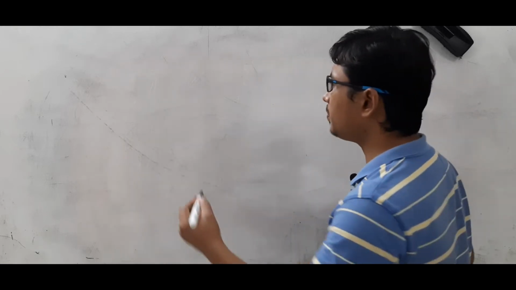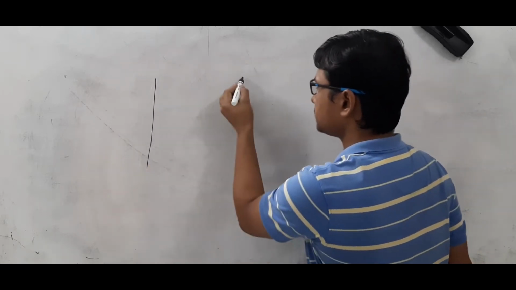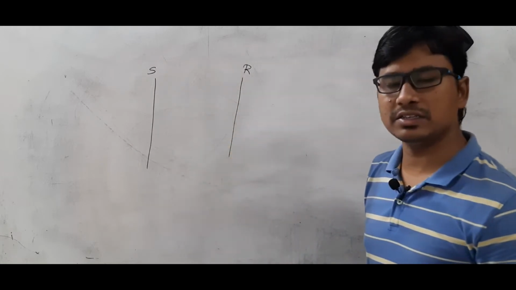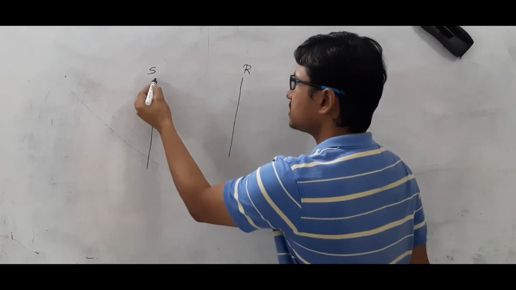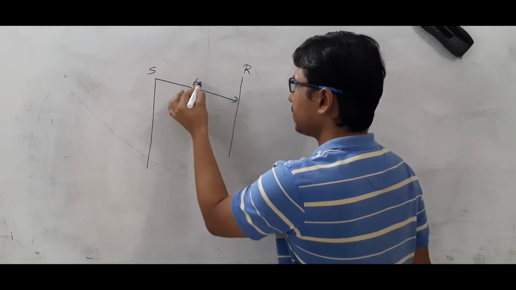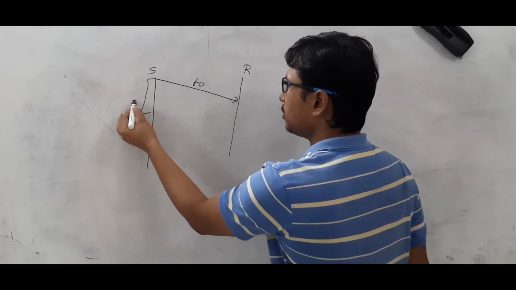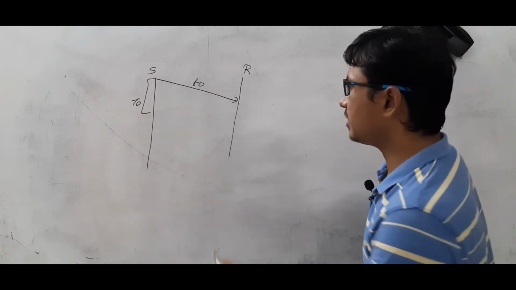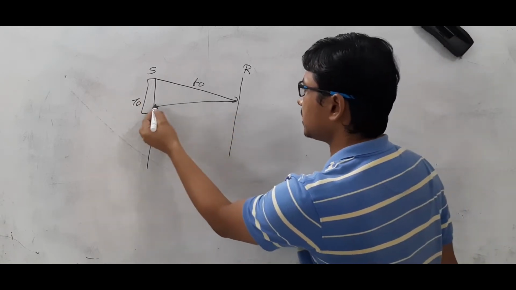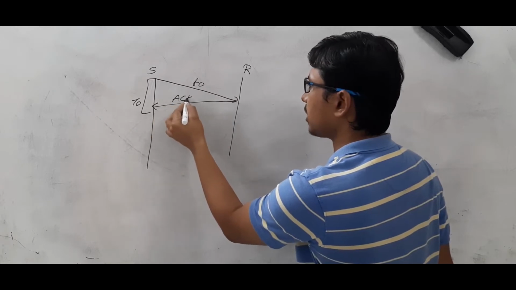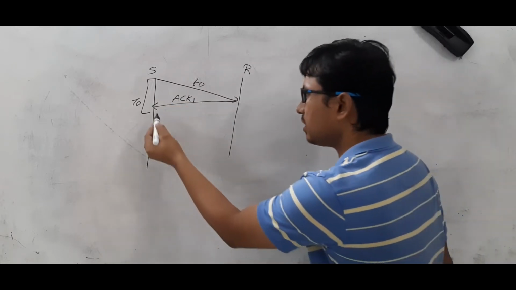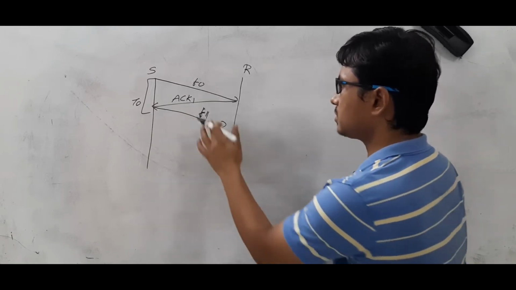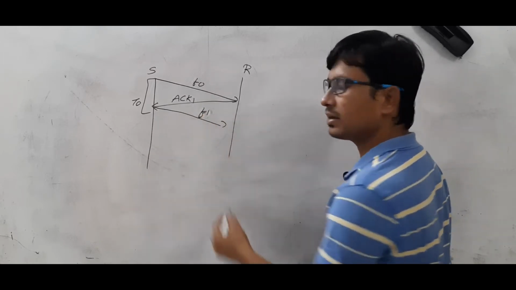In the stop and wait protocol, the sender will send a frame and the receiver will receive it. The sender will send a frame and keep a timeout timer. Within the timeout, if the receiver sends the acknowledgement and the sender receives it, the sender will send the next frame, frame 1.